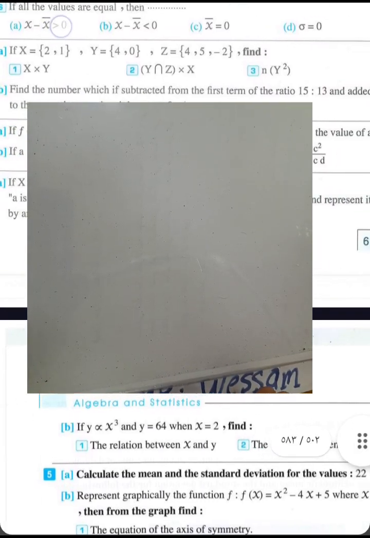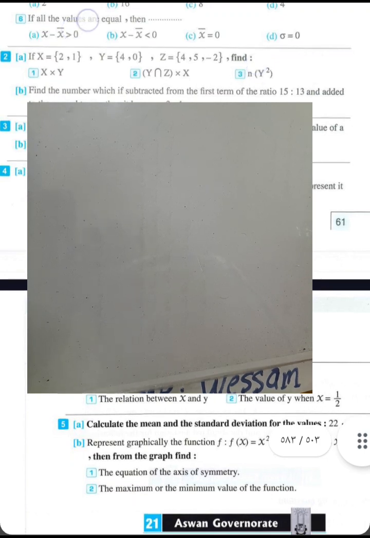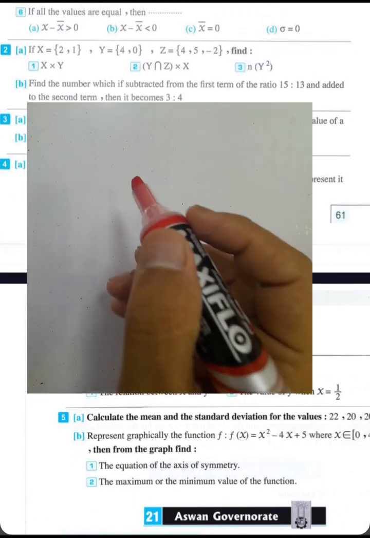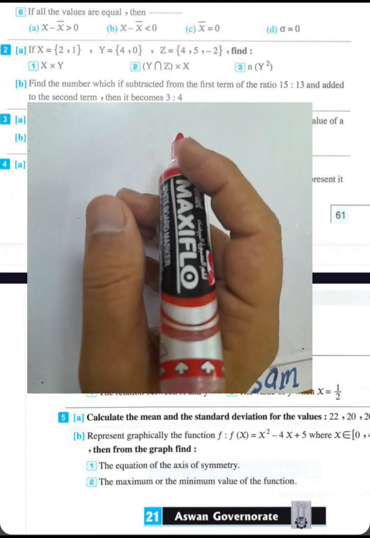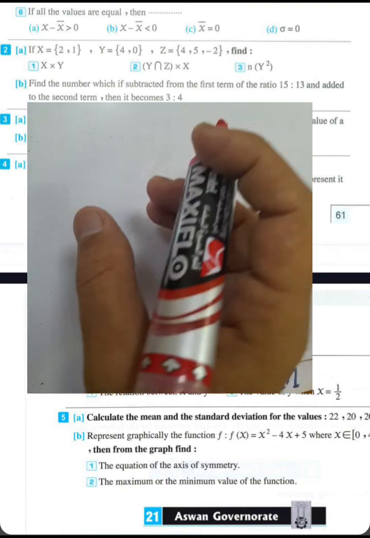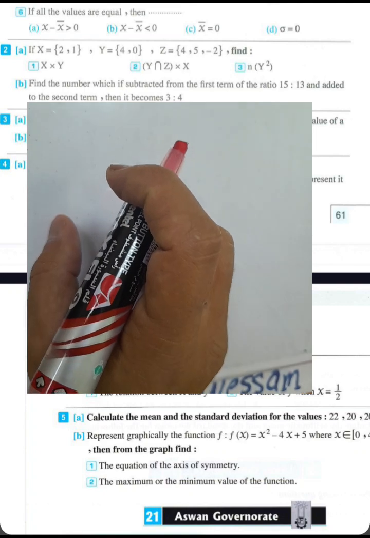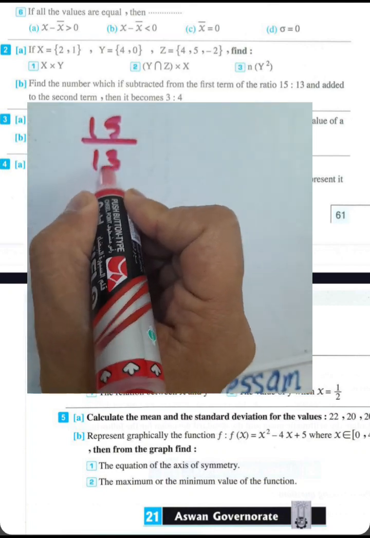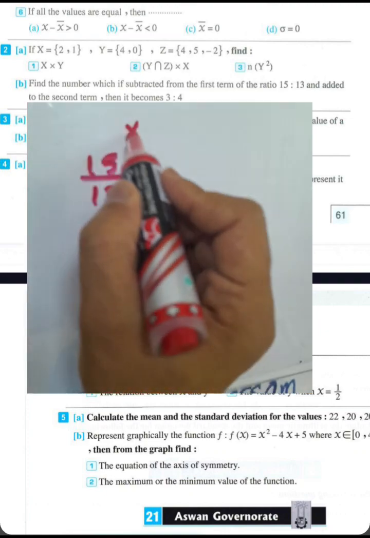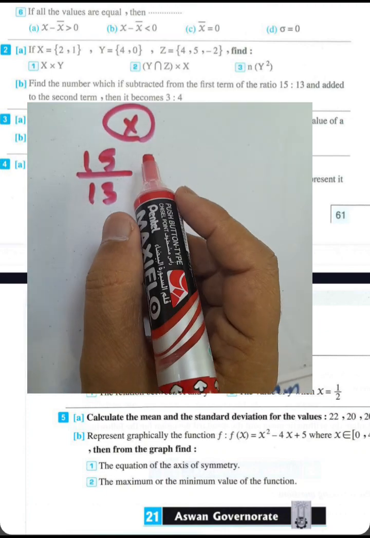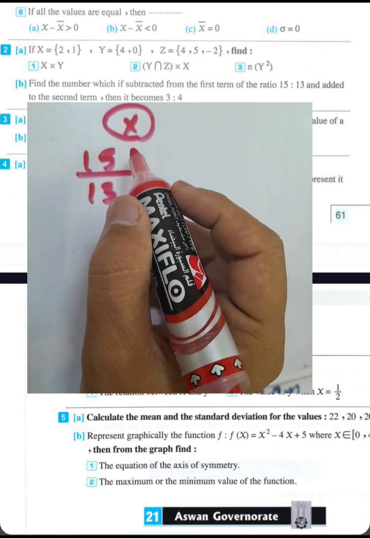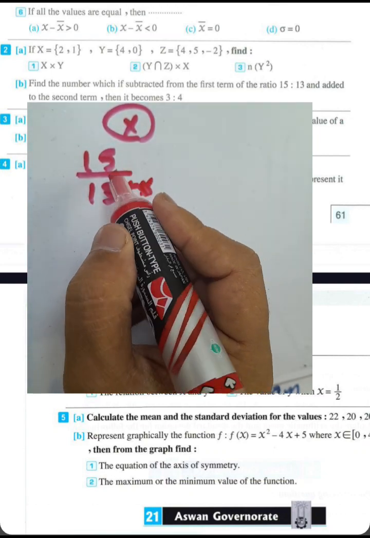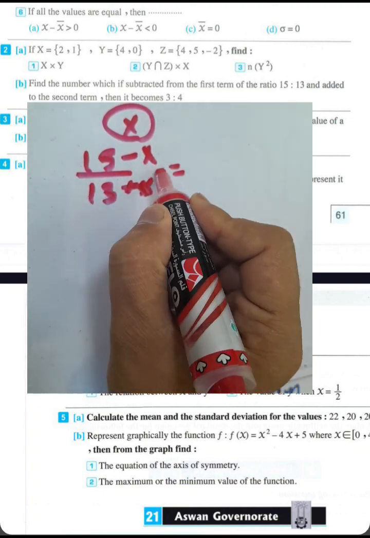Question letter B. Find the number which, if subtracted from the first term of the ratio 15 to 13 and added to the second term of them, it will become 3 over 4. Okay, we have 15 over 13 ratio, and the number will be x. If we add this number to the second and subtract it from the first, the ratio will be what?